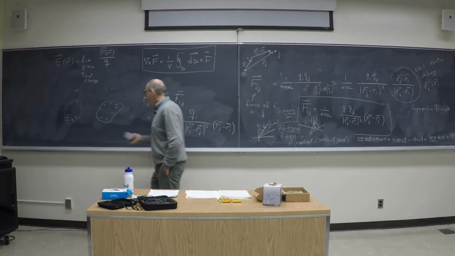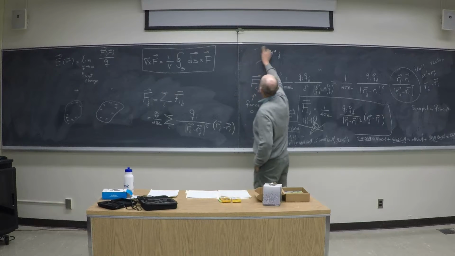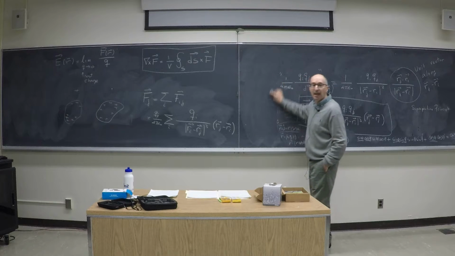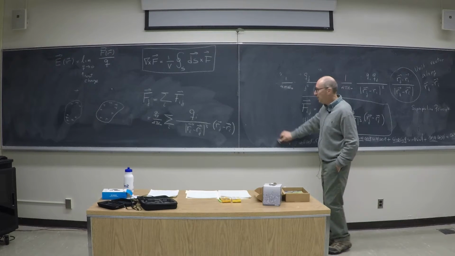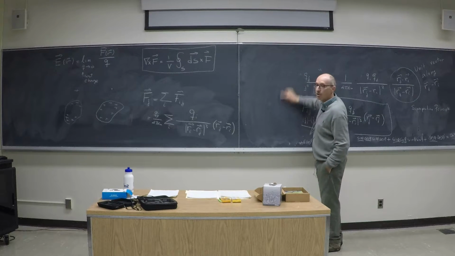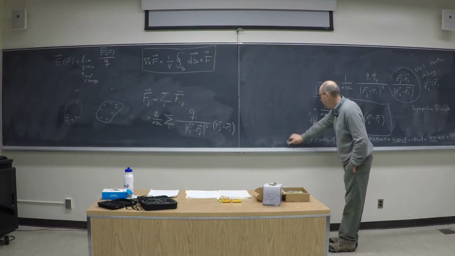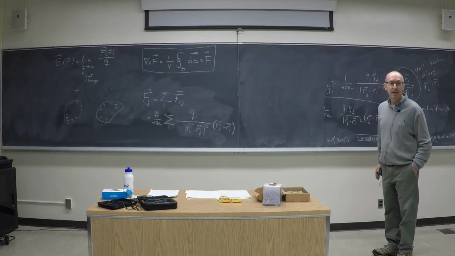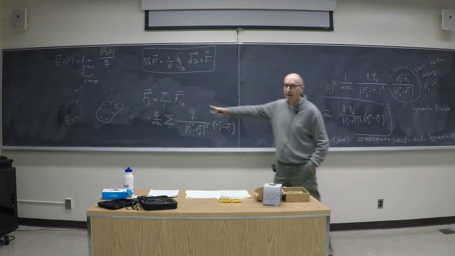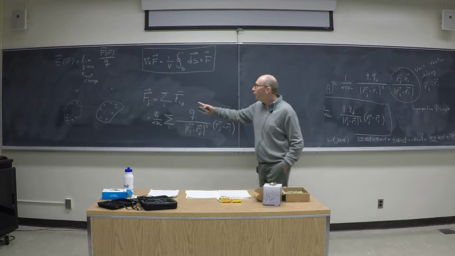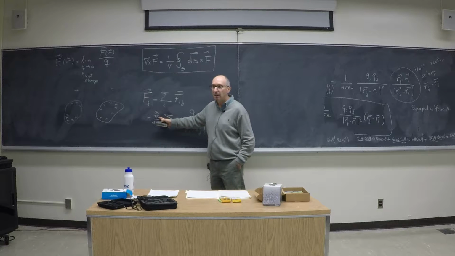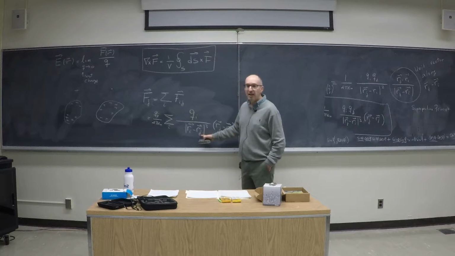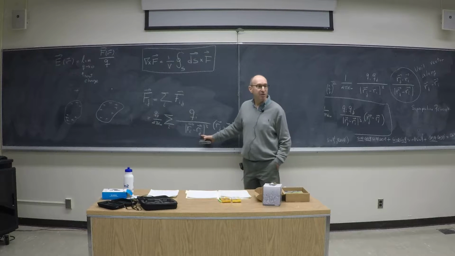The important thing in writing that is to realize the simple idea that r sub j is a very generic location. So for that reason, we don't really need to write j anymore in this expression. For the force, yes, because we have the charge, but now here r sub j is any location in space.